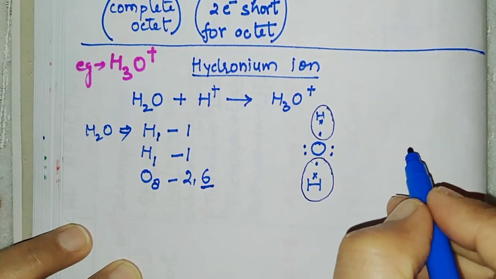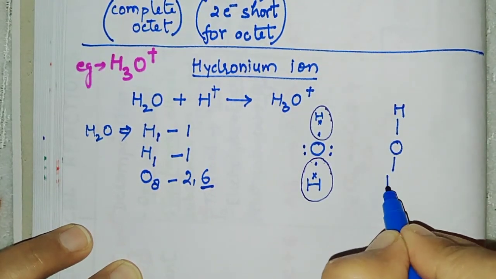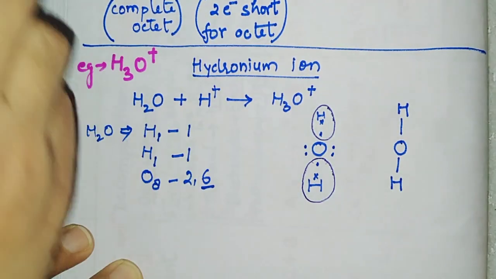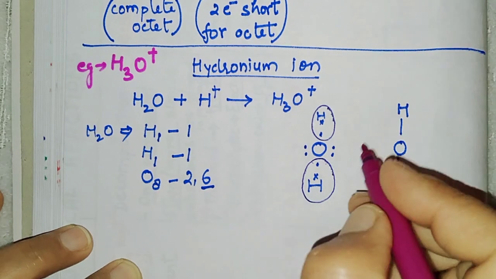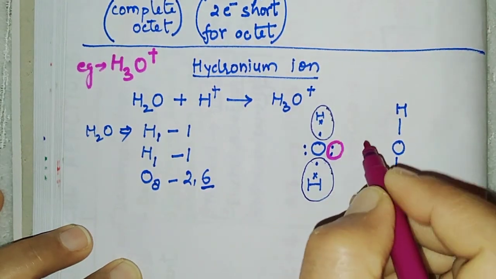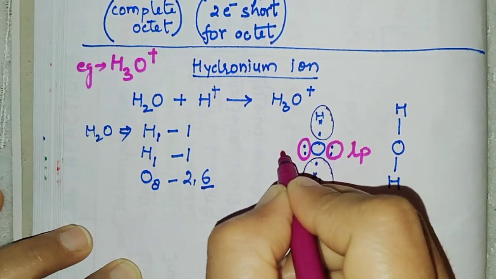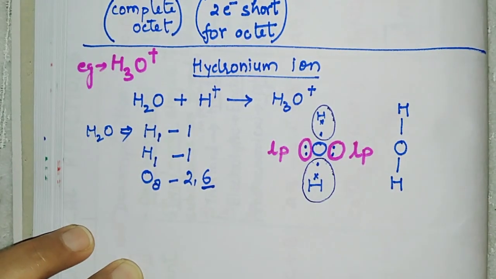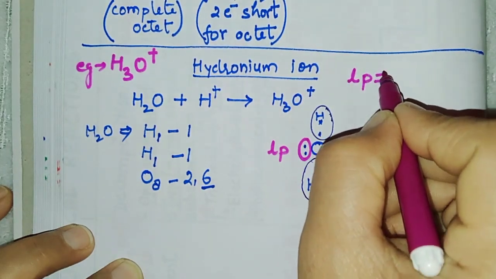How is this bond formed? O, H and H. See, now these 2 are our lone pairs. Here LP means lone pair.